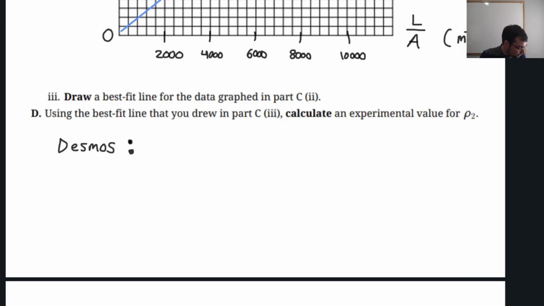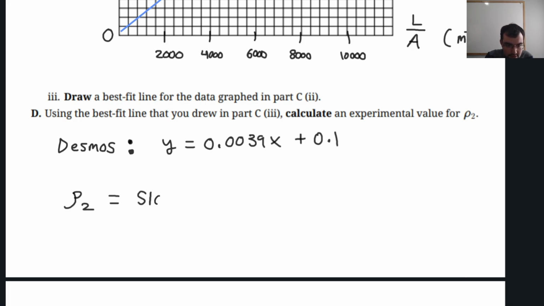Desmos, I'm going to check my notes for my regression here. Desmos told me that y was equal to 0.0039 x plus 0.1. So what that means is that my slope was equal to the resistivity I wanted.